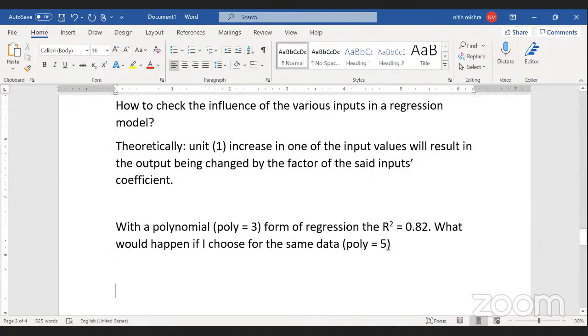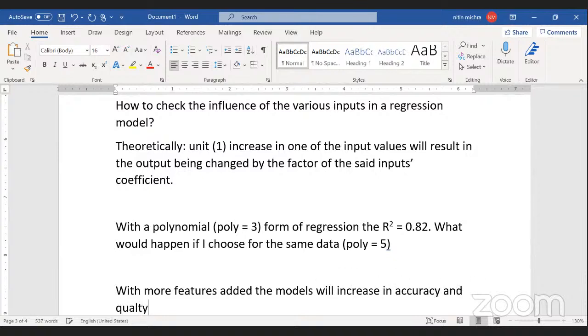All right, what will happen to the same data if I choose poly is equal to 5? With more features added, the model may increase in quality.